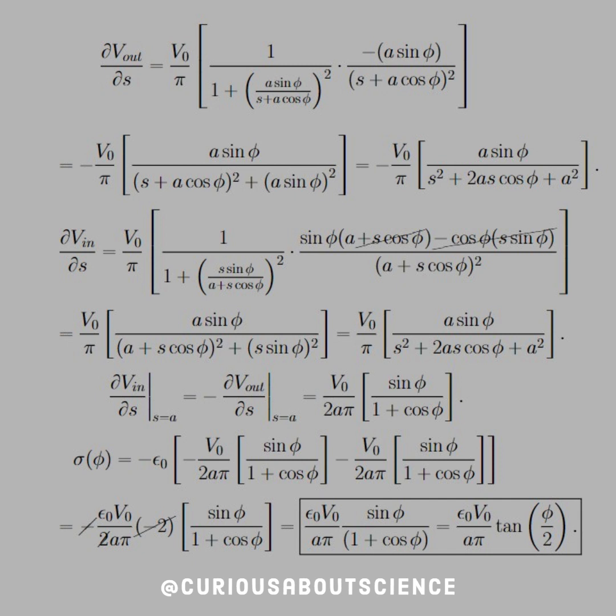And then once we do that, we can factor out the V0 over 2a pi with the epsilon naught, cancel the 2, cancel the negative, and then we're left with that bracket. And so we can simplify it down to epsilon naught V0 over a pi times sine phi over 1 plus cosine phi. And then if we really want to be special, we know that we can substitute in a tangent half angle identity, and that's what we do to sum it up nicely.